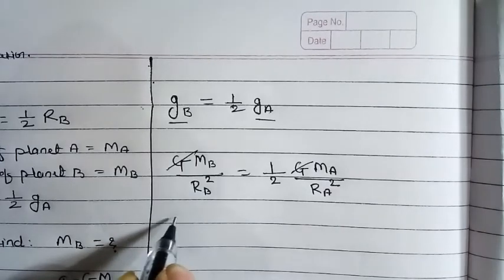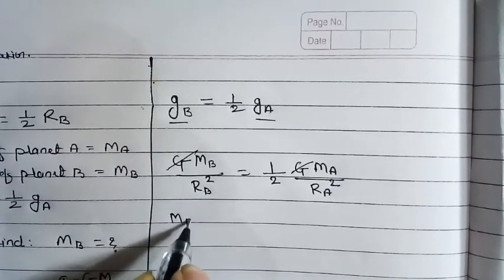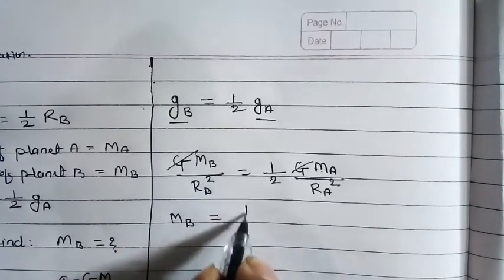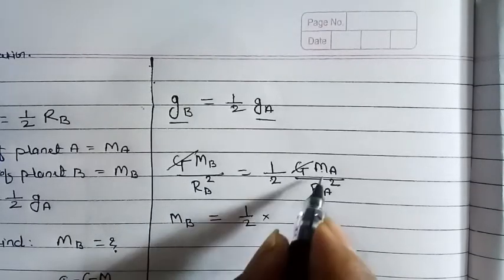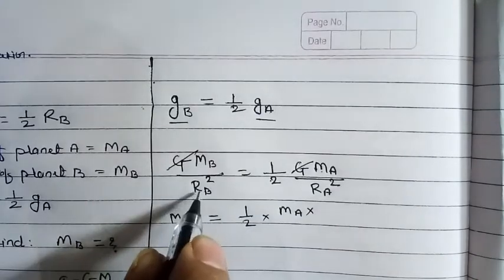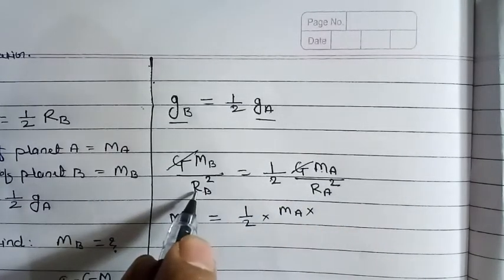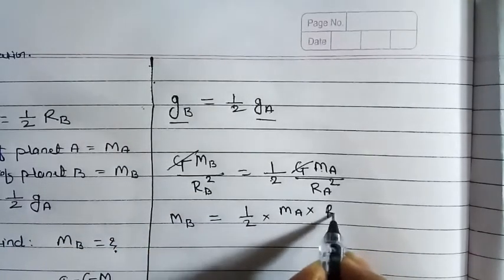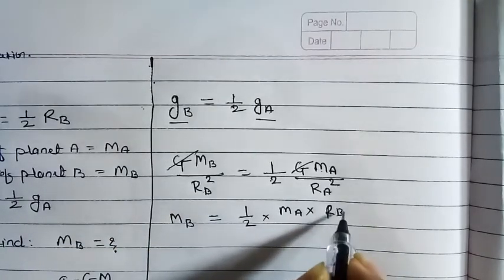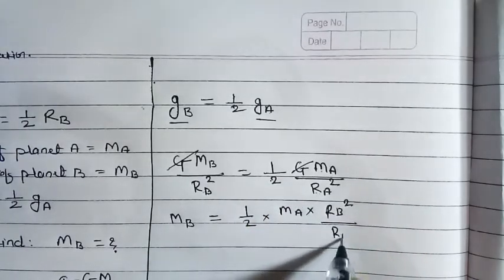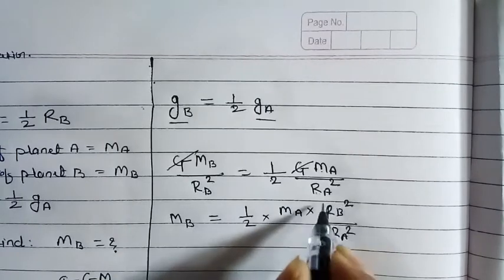So we can write the mass of planet B equals, here we have 1 by 2, into the mass of planet A into, this will go in multiplication form, RB squared, that is the radius of planet B squared, divided by the radius of planet A squared.